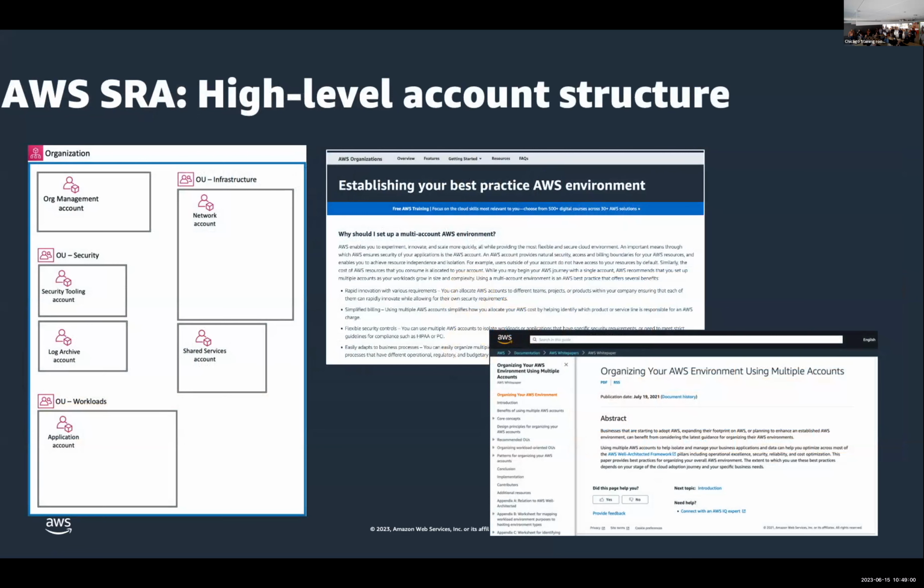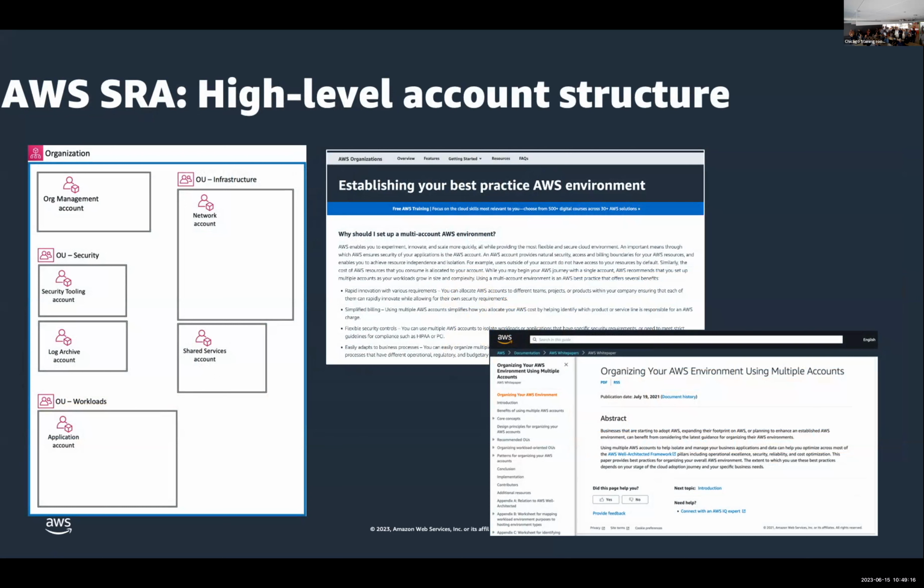This is some sort of high-level account structure. As you see on the left side, we have an AWS organization within which we have different organizational units. And on these different OUs, we have different accounts meant to achieve different purposes.